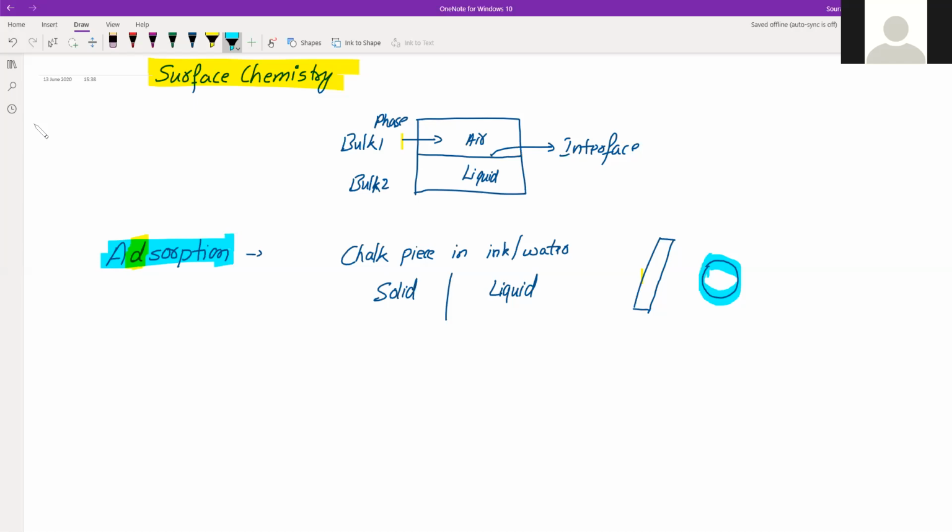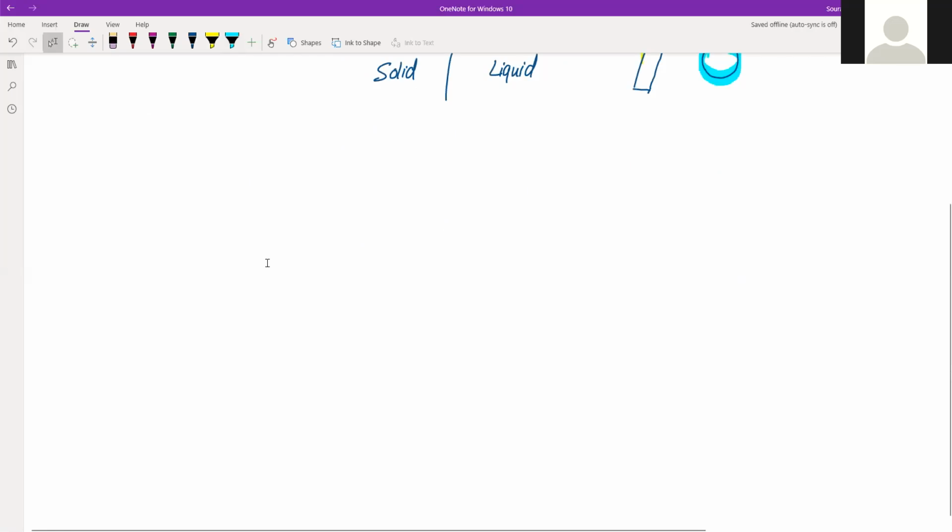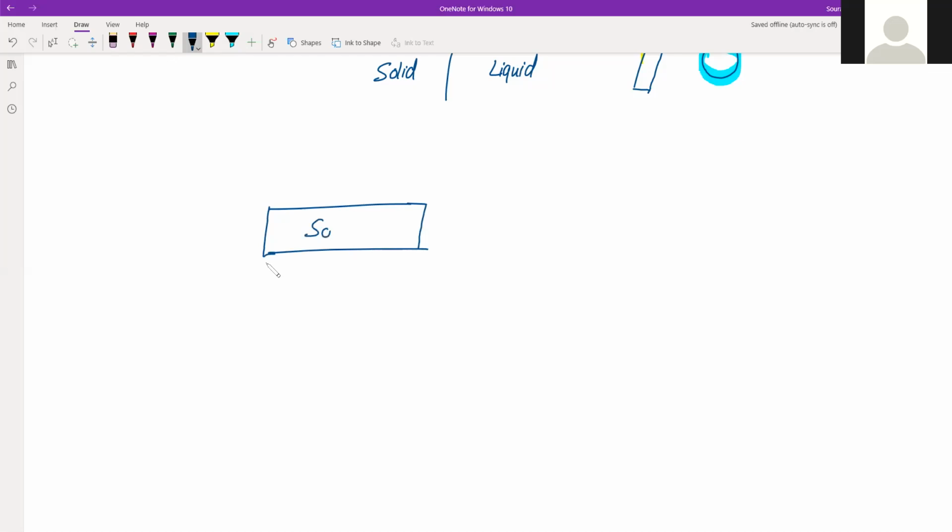Now there are different substances involved here. What are those different substances? The substance adsorbed on the surface. Suppose we have this solid. It can be even liquid, but for the timing we take this example of solid. And suppose the concentration of a liquid increased on top of this.